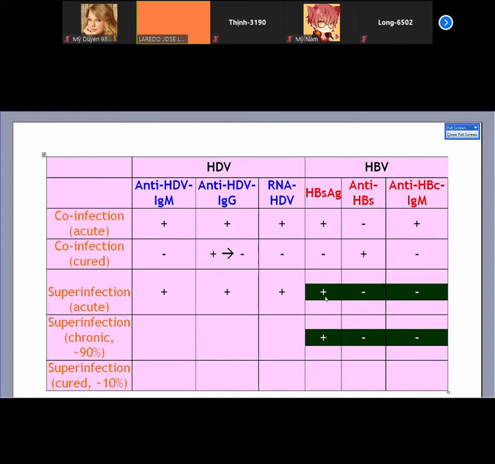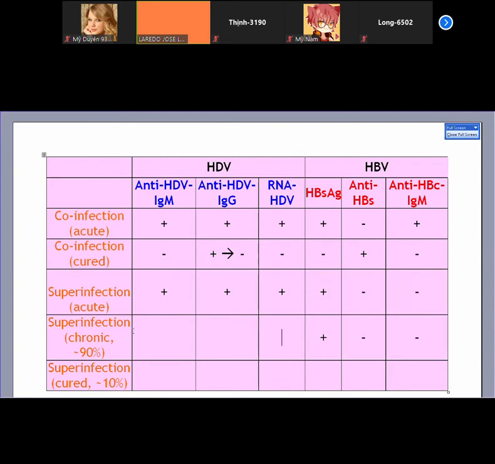So this is chronic hepatitis B virus infection. What about the markers of hepatitis D, chronic? No change. The RNA is detected in blood because the patient is chronically infected by both. What about the IgG? Also positive because the patient is infected by both viruses, so the IgG does not disappear.